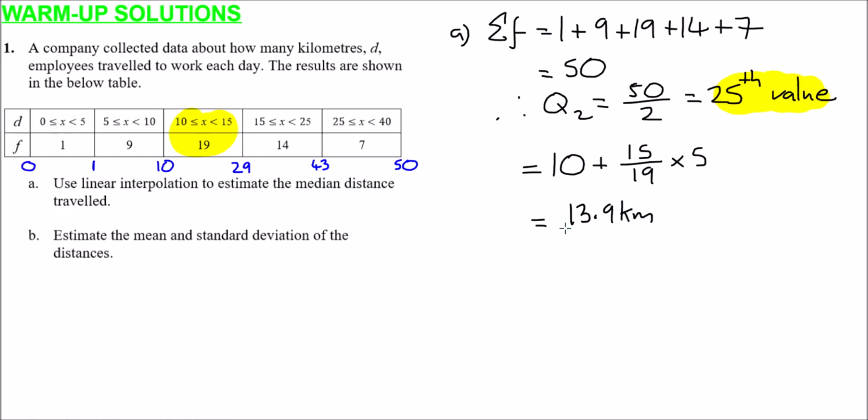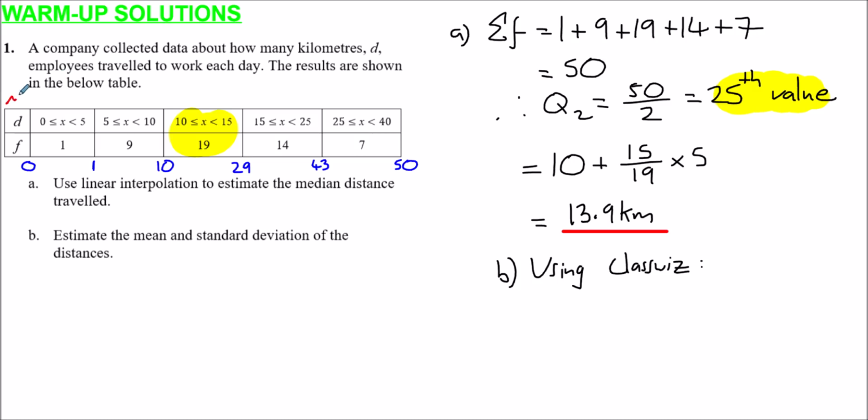And for part B, we're asked to estimate the mean and standard deviation of the distances. Now this here is a Classwiz job. So I'm just going to put here, just for the examiner's use if you wanted to, using the Classwiz or using the calculator you could say. What we do need for grouped data is the midpoints.